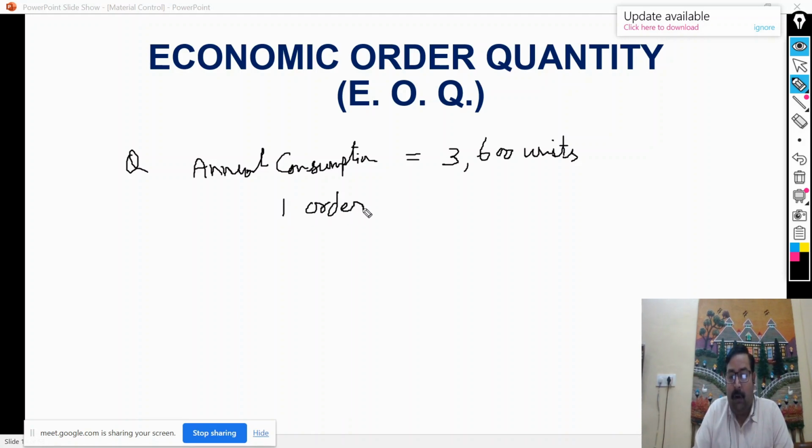Either I place one order in a year, or 12 orders in a year, meaning one per month.